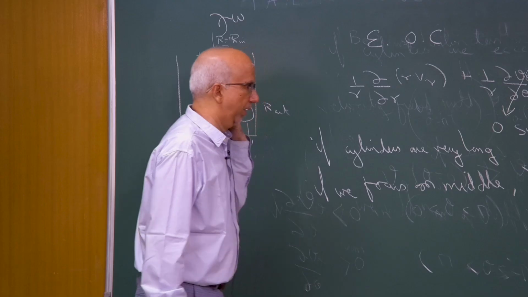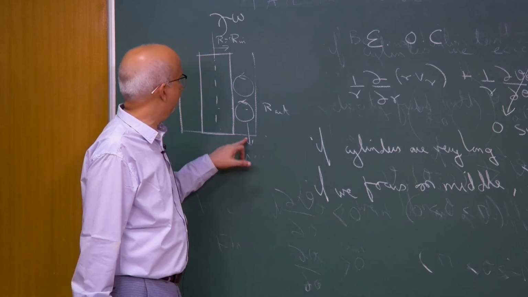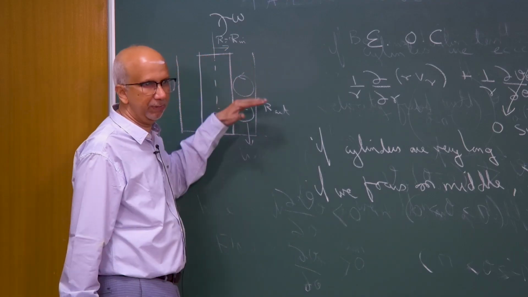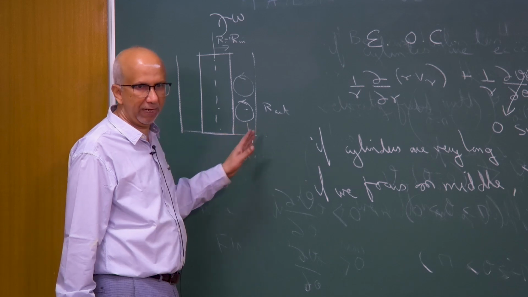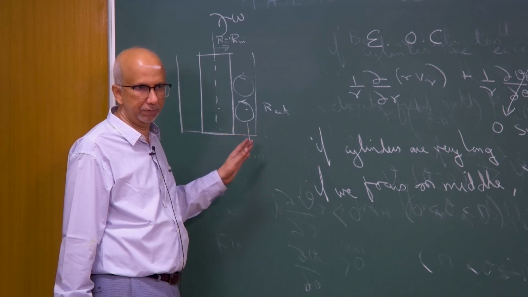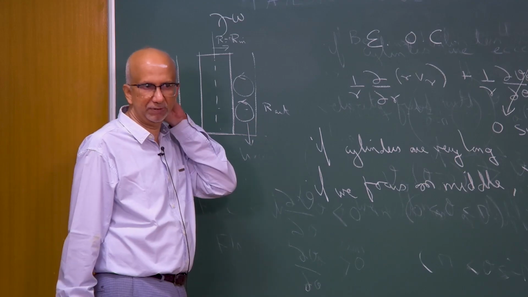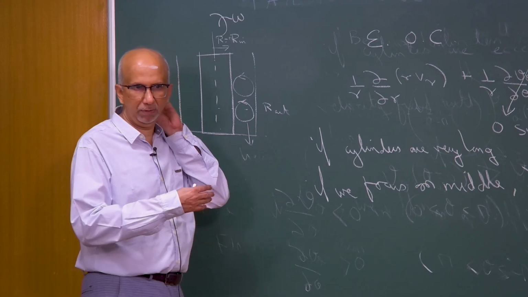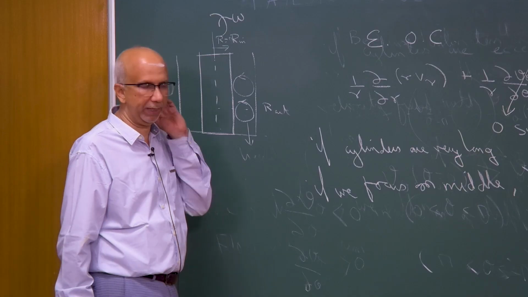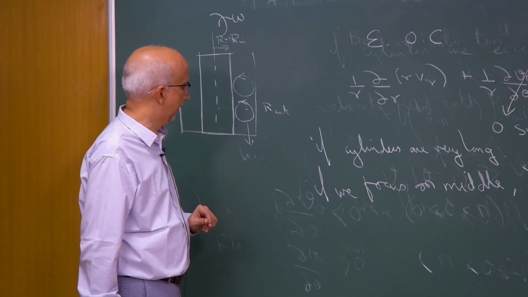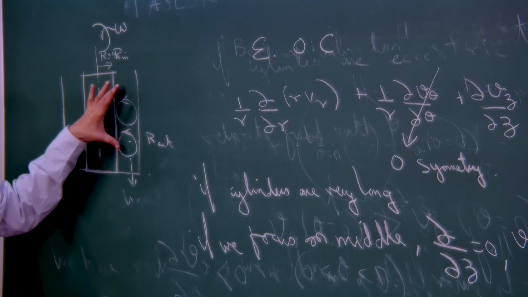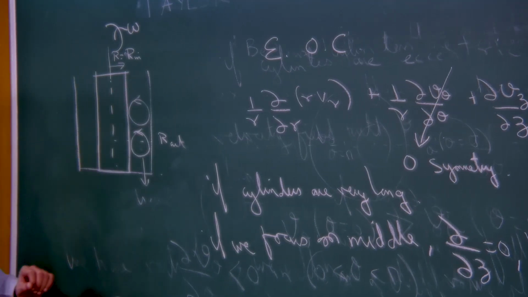Is this clear? Near the bottom wall and the top wall, these wall effects may be dominant, so you may have other components of velocity showing up. This is like a fully developed flow assumption we make, sufficiently far away from the inlet wall. So this is similar to that, and therefore we are focusing in the middle region.